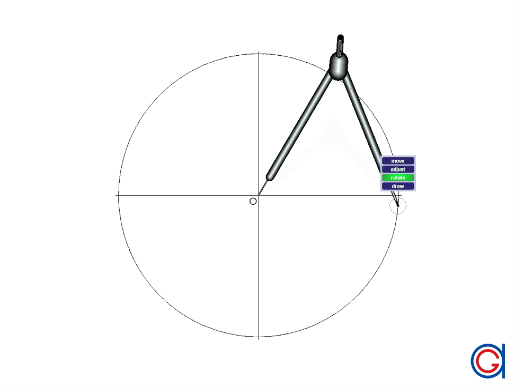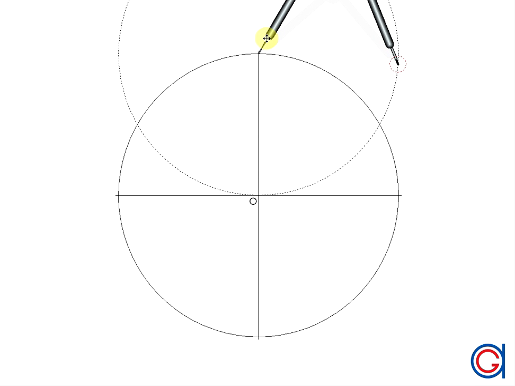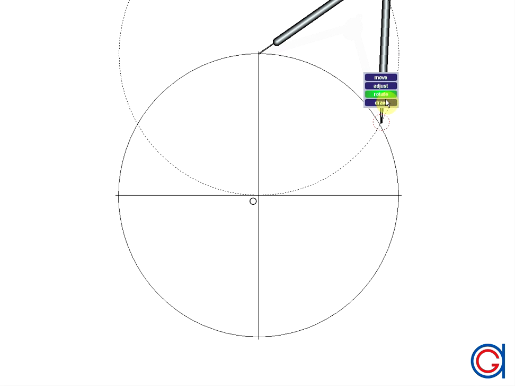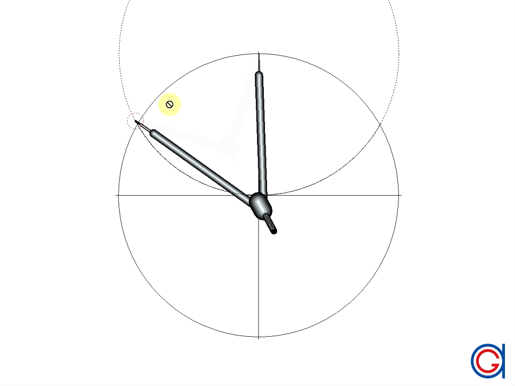So the next step, setting our compass to the length radius of the circle, we are going to draw four arcs using the extremities of the diameters as centers. So setting our compass on the top of the vertical diameter, we scribe a semicircle, cutting our previously drawn circle at 2 points.